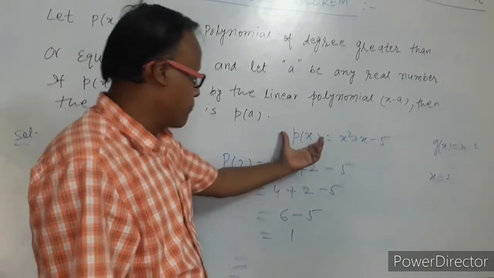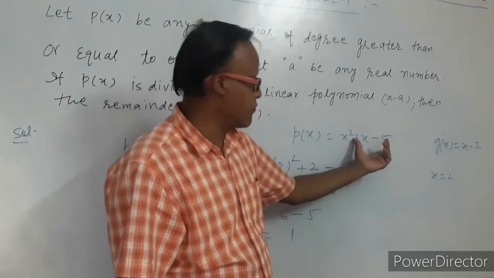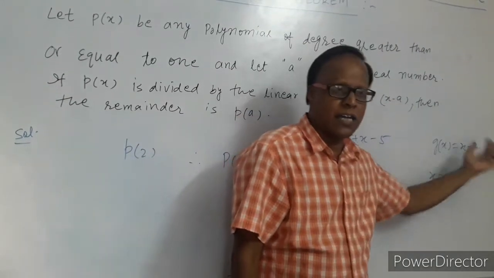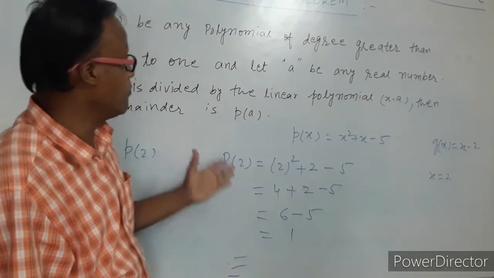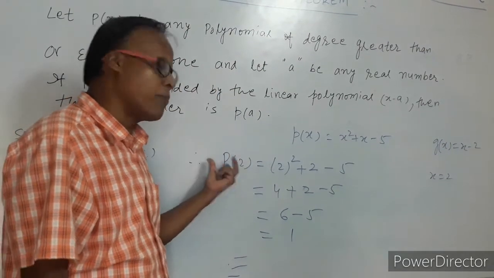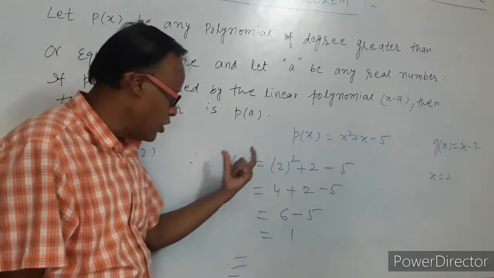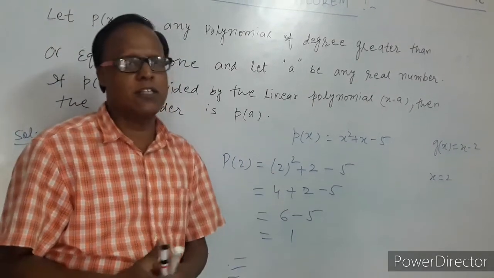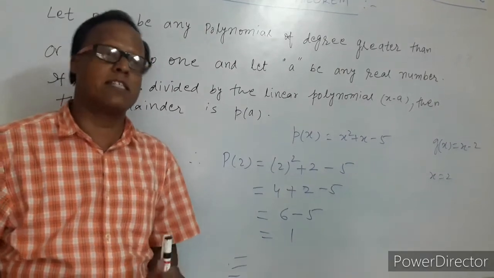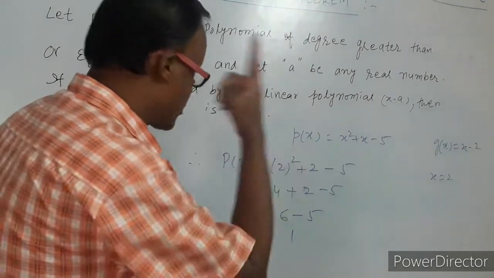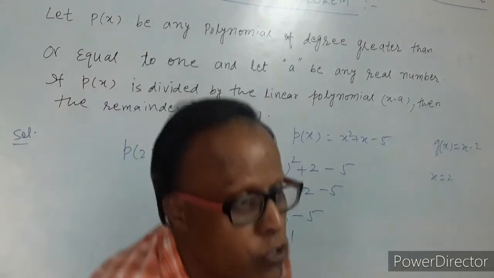So if Px, x square plus x minus 5, is divided by x minus 2, then according to the remainder theorem its remainder is P2, and the value of P2 comes out 1. So its remainder is 1. This is the answer.